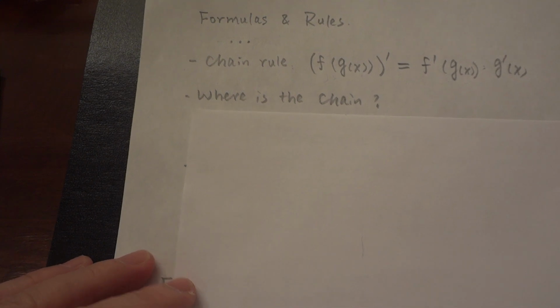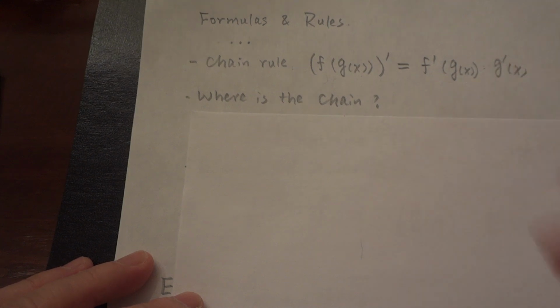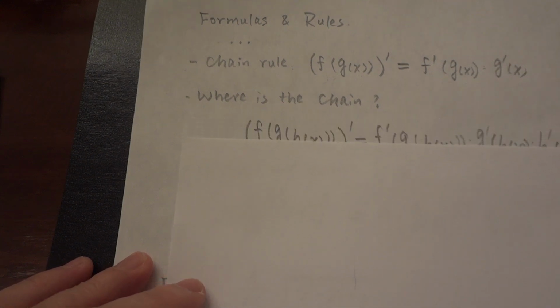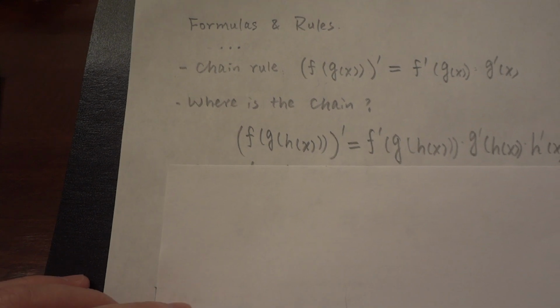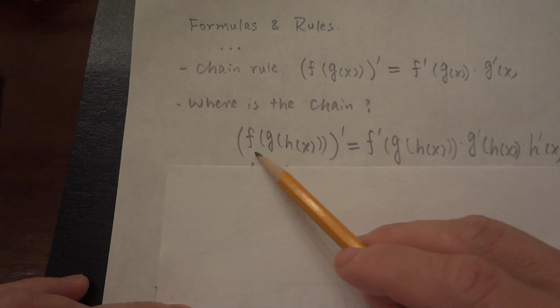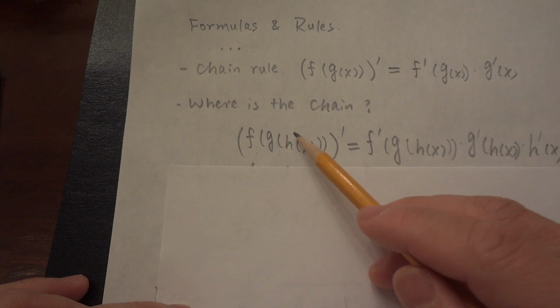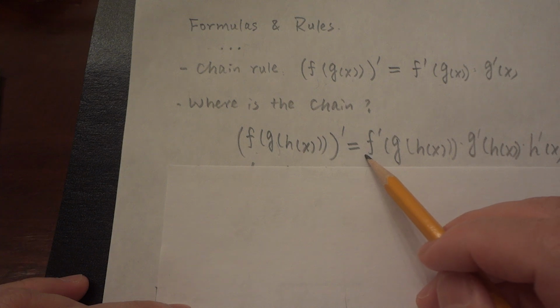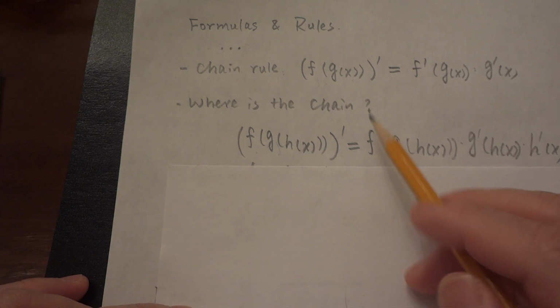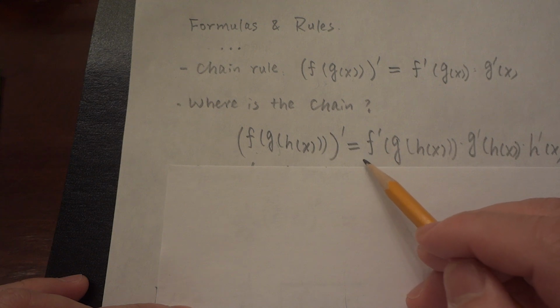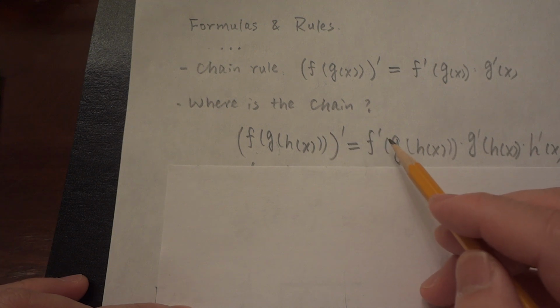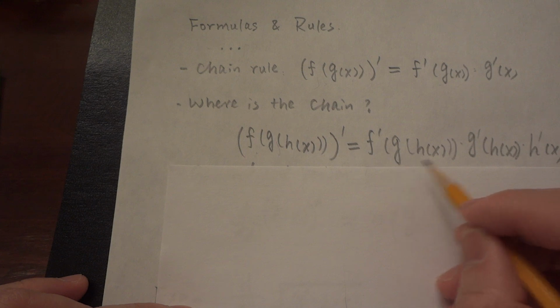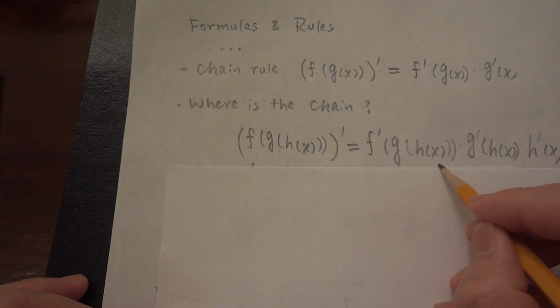Well, you will see this chain when you have compositions of more than just two functions, f and g. Suppose you have three functions, f, g, and h composing each other. So f composed with g composed with h(x) here. Suppose you want to take its derivative. What's going to happen? Basically, you apply the chain rule two times, and you are going to get f prime composed with g(h(x)) as the first term.